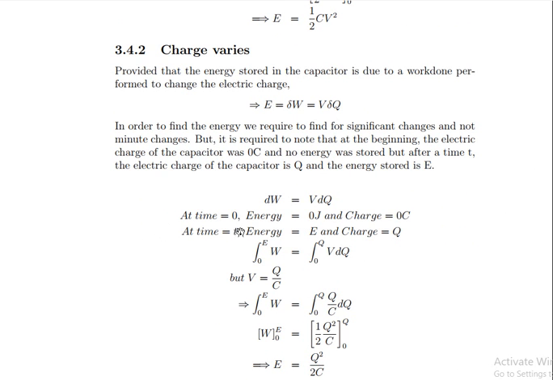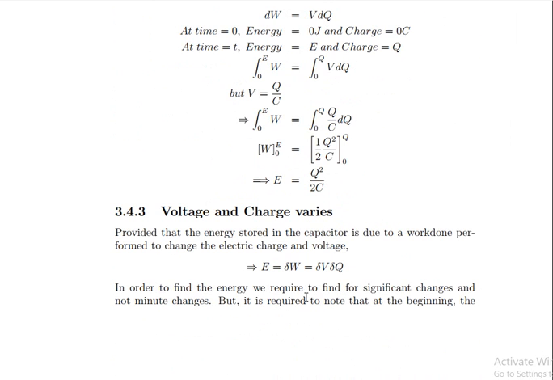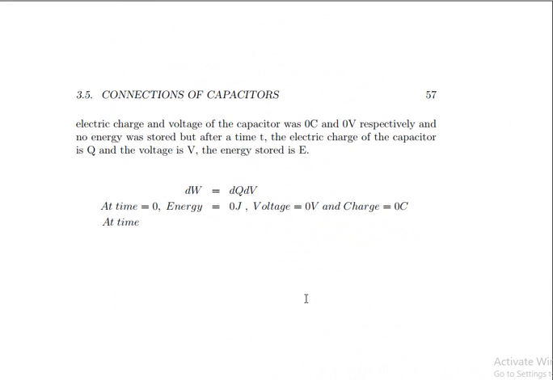And at the time t equals t, the energy is equal to E. So it starts from 0 to E, and the charge starts from 0 to Q. But V is equal to Q all over C, and we are going to substitute in this formula. When you substitute, the final formula upon integration is E equals Q squared all over 2C. So this is the final formula for the energy stored when the charge varies.